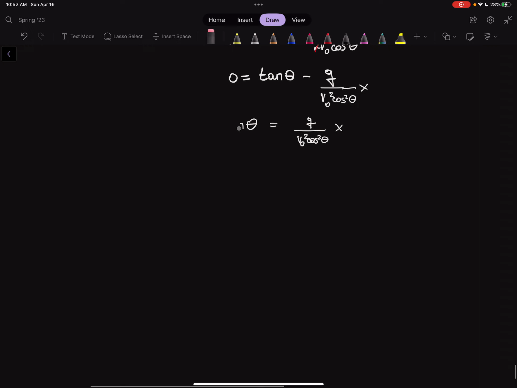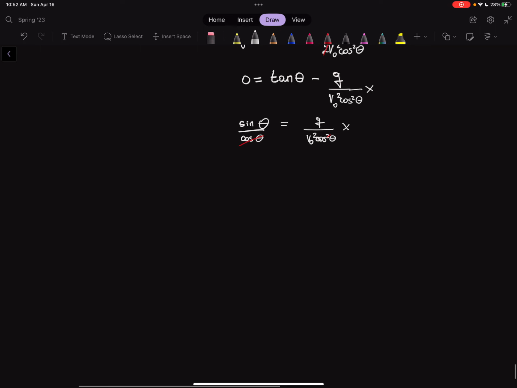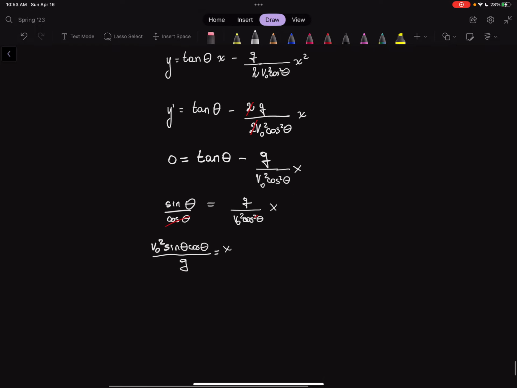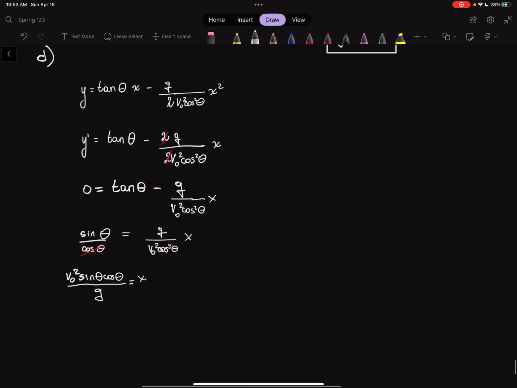Now I can rewrite this tangent of theta into sine of theta over cosine of theta, and simplify by multiplying both sides by cosine of theta. And then if I multiply both sides by v squared cosine theta, I get v naught squared sine of theta cosine of theta, and I divide by g is equal to my x. Well, now I could take this and put it back into my original y function to get what y should be.